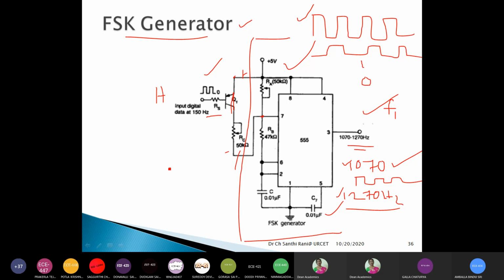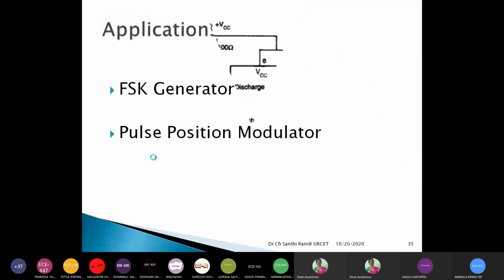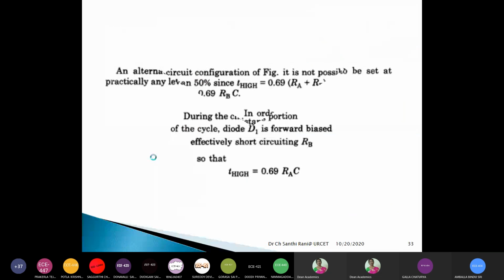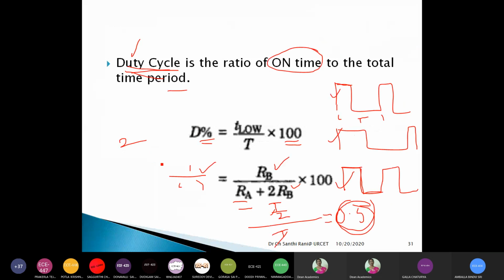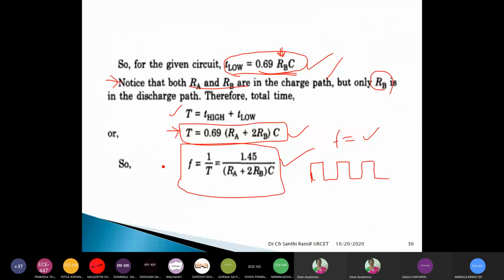So actually, what is the output frequency for our Astable multivibrator? Output frequency F is equal to, for an ordinary Astable multivibrator, 1.45 divided by (RA plus 2 RB) into C, right?